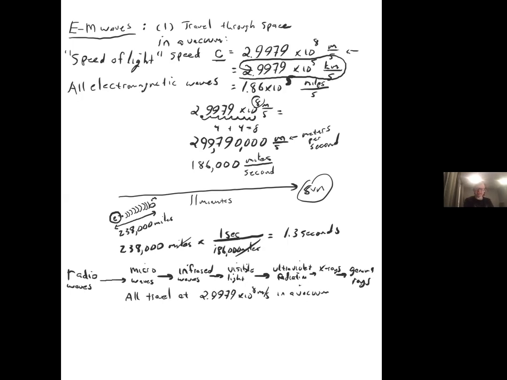So we'll use the same value if they're traveling through air. Okay, these are all electromagnetic waves. And I'm going to give you a couple of aspects about them. One is energy. So let me talk about energy. If you move in this direction, you're moving towards increasing energy.